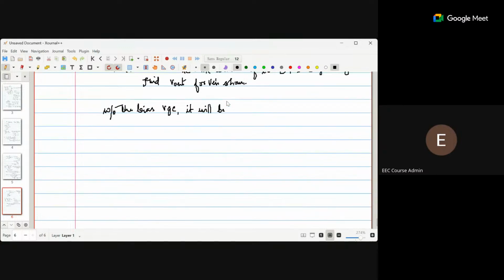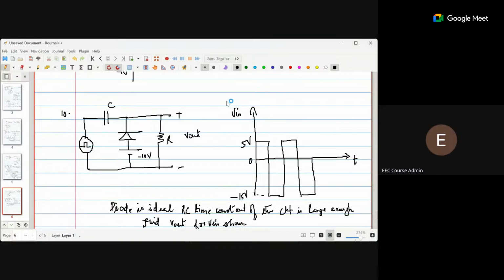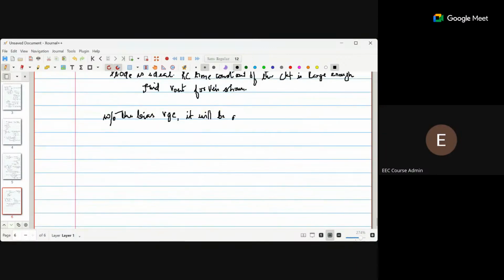You can see that the cathode is on the top. So it will be the case of a positive clamper. So it will be the case like this.